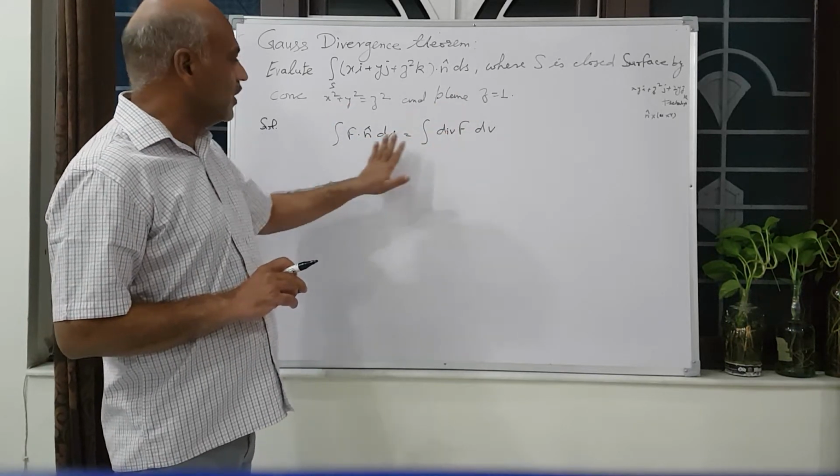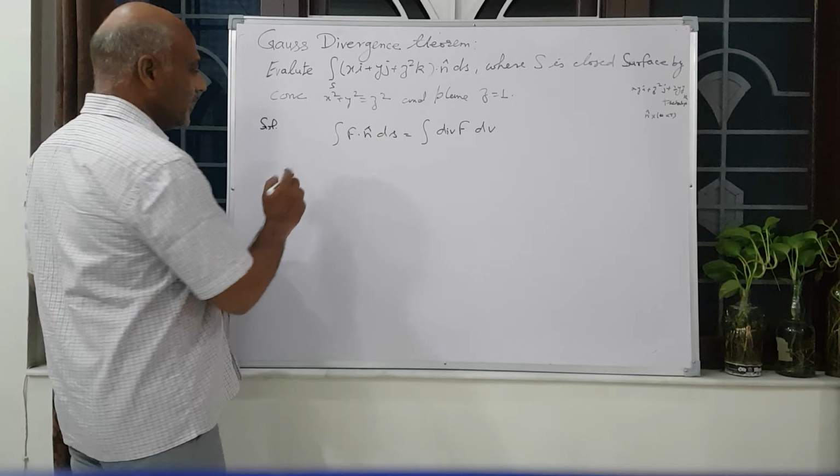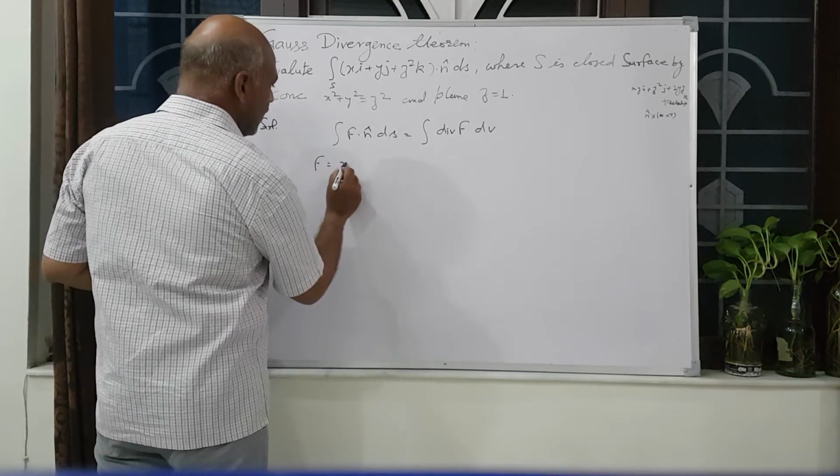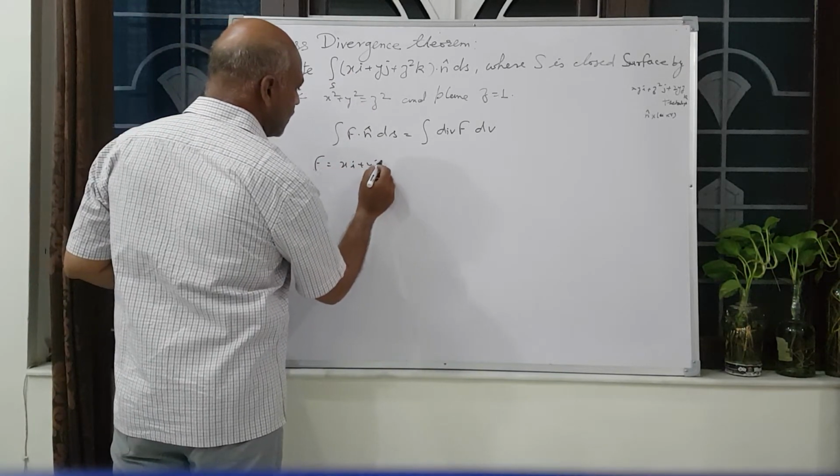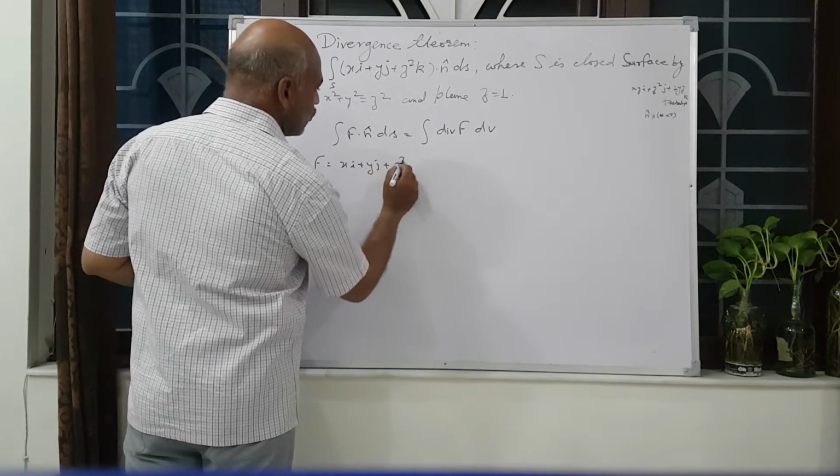So first we have to evaluate F. Here F is xi plus yj plus z square k.